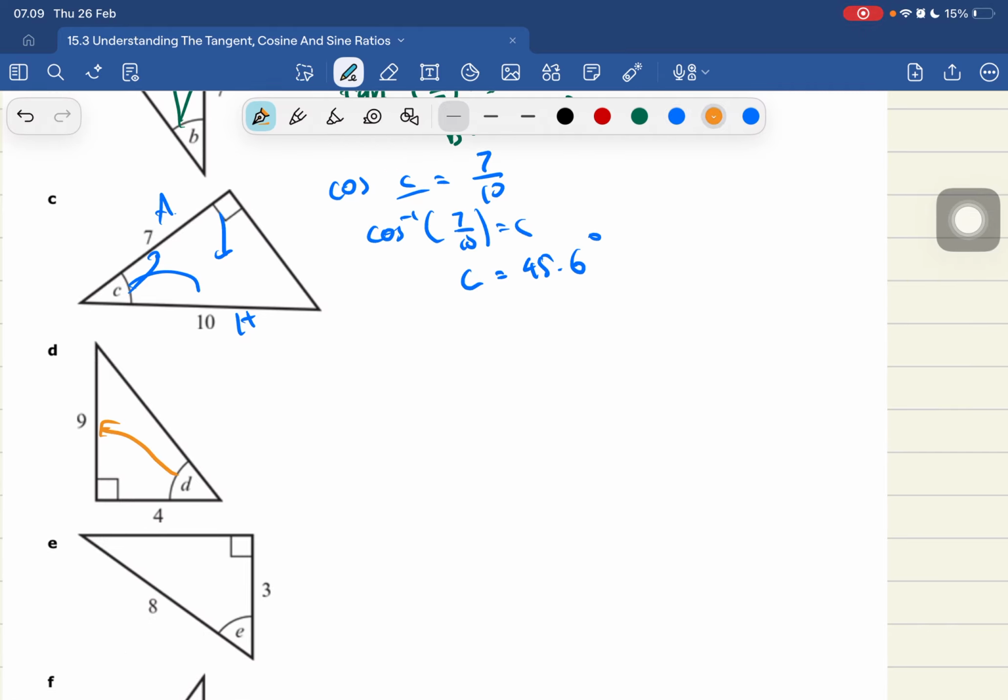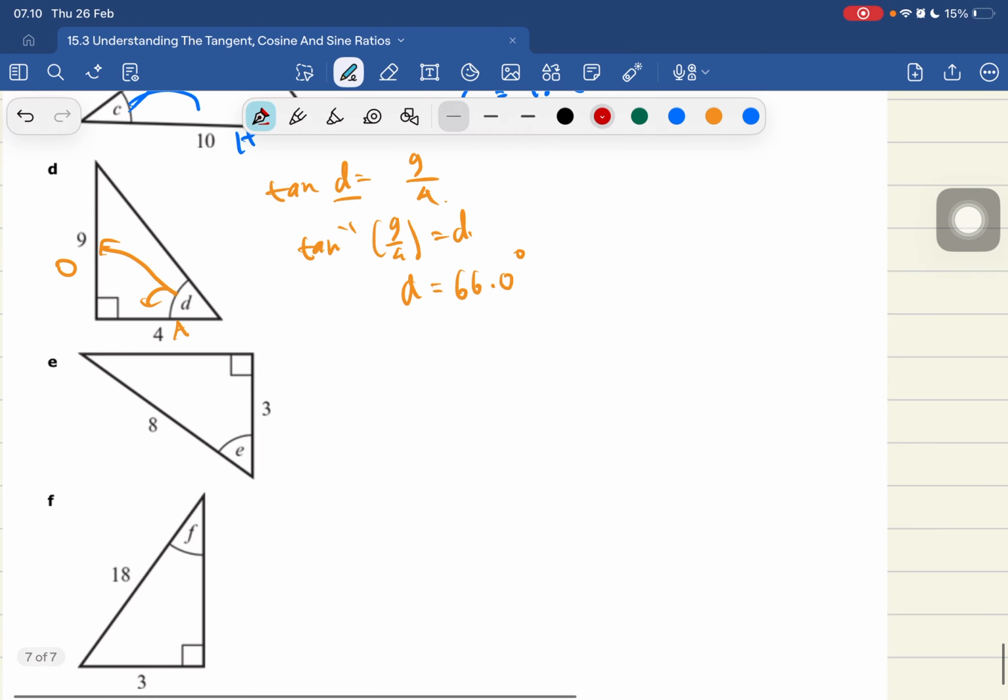Okay, here is opposite and we got adjacent. So it's going to be tan D equals 9/4. So to find the angle of D, we can tan inverse, write the value 9/4 equals D. So D equals 66.0 degrees.